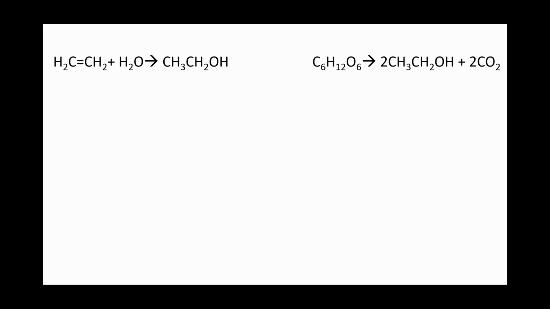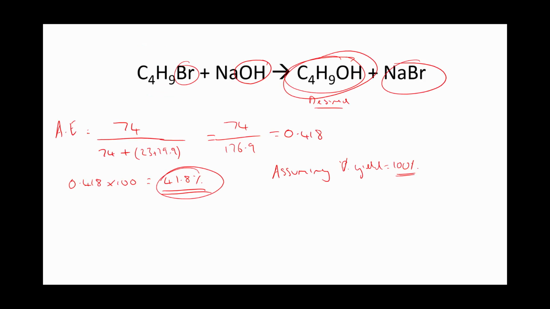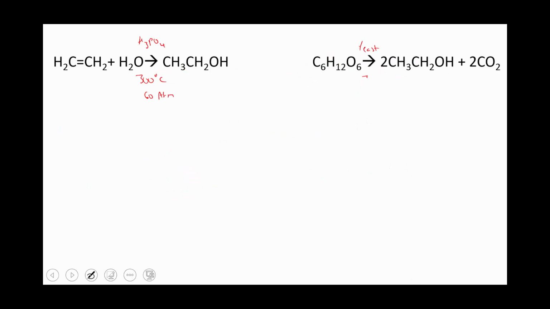And of course, the conditions are going to be phosphoric acid, about 300 degrees C and about 60 atmospheres. And on the right hand side, we've got the fermentation, so we need yeast, which provides the enzyme zymase, and we've got an optimum temperature of 37 degrees C.